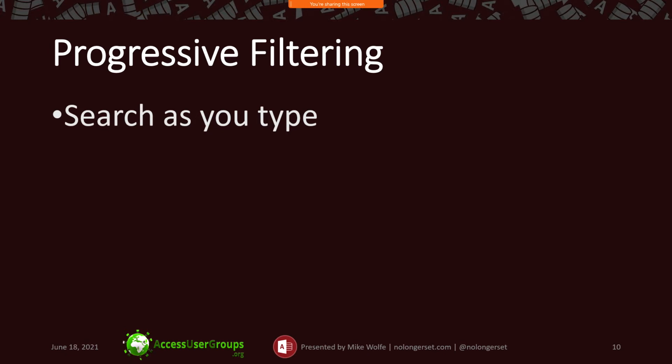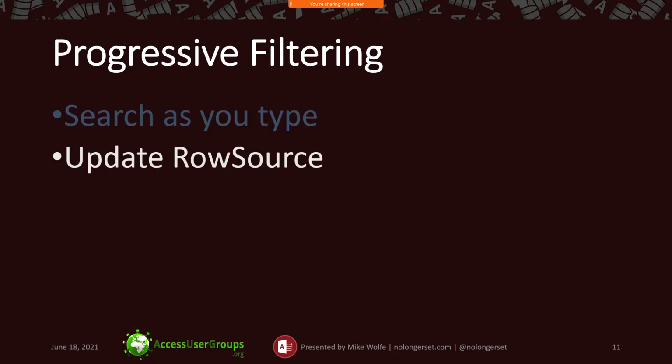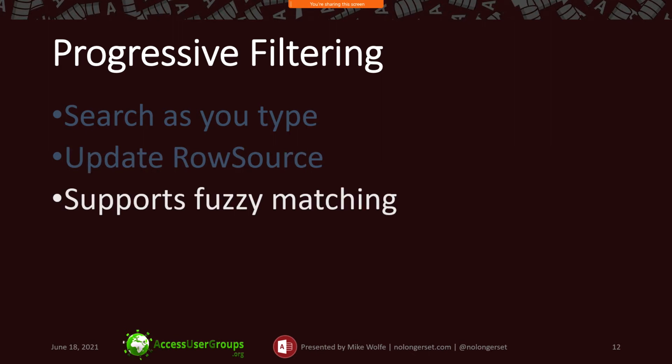So progressive filtering, this is where you search as you type, and the idea is that as you enter text into your combo box, you dynamically update the row source so that the options that are available to the user are restricted to just those things that match what the user has already typed into the combo box. And since you're dynamically updating the row source, there's not really any limit to what you can do with this.